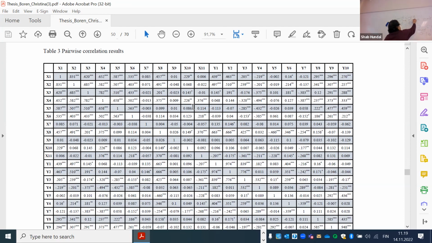We put 3 stars. And if it is 5%, the level of confidence is 95%, we put 2 stars. So anything between 1 and 5, you carry 2 stars. And if the level of significance is 10%, which means confidence is 90%, we put 1 star.